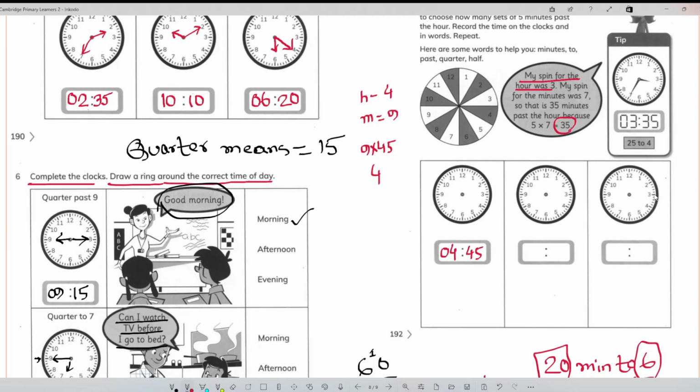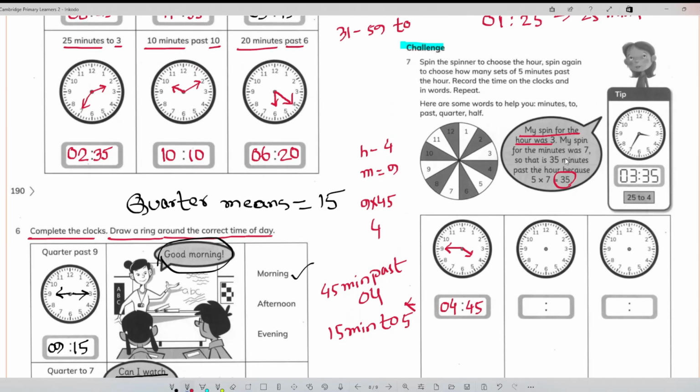It means 45 minutes past 4, or we can say 15 minutes to 5, similar. So the hour here is 4 and the minute is 9. 9 means 45.